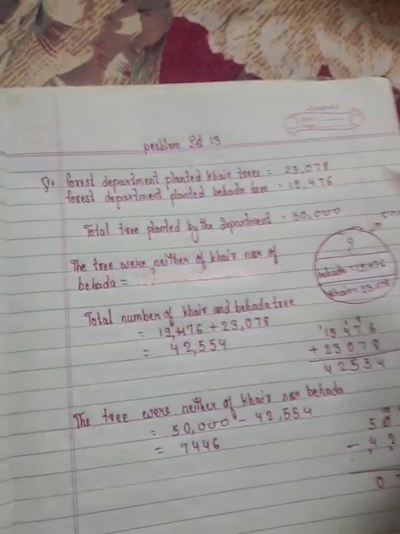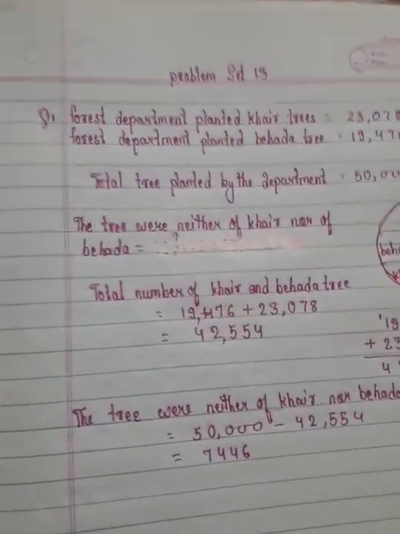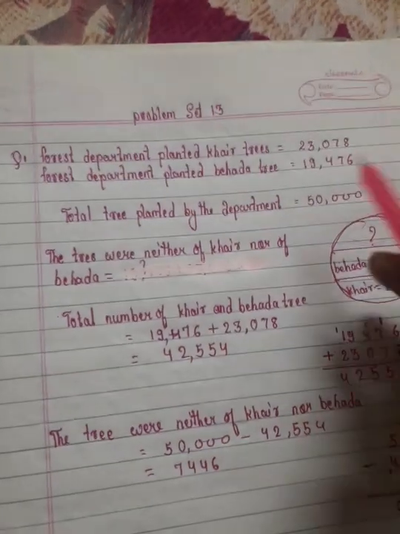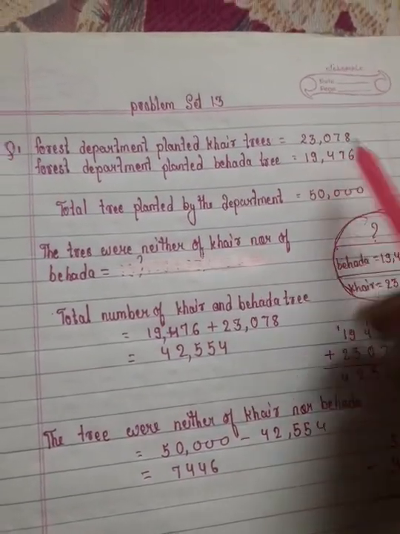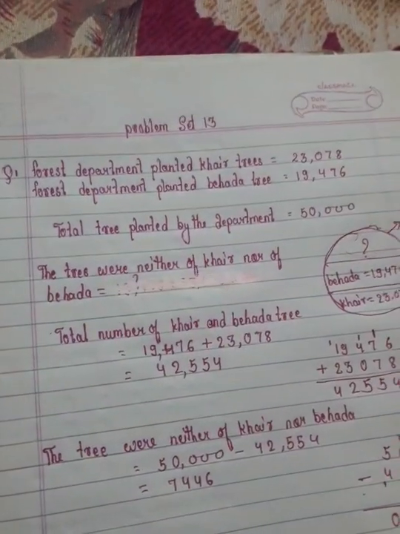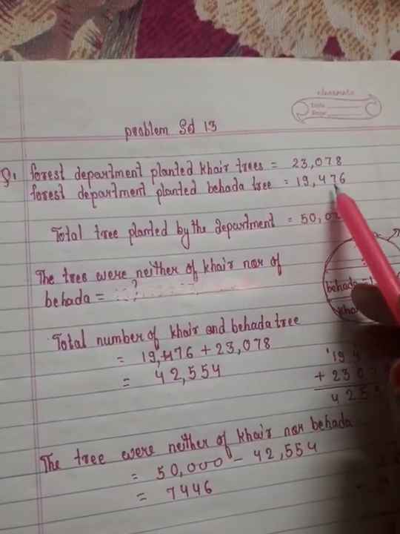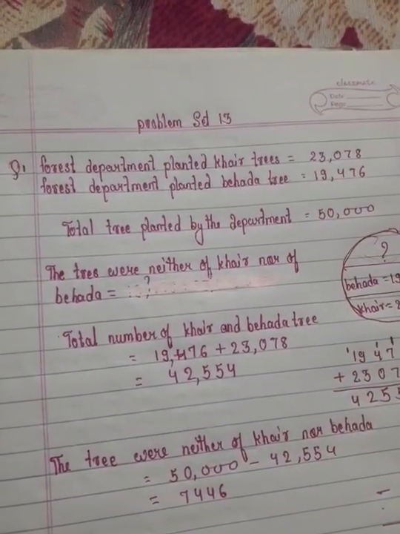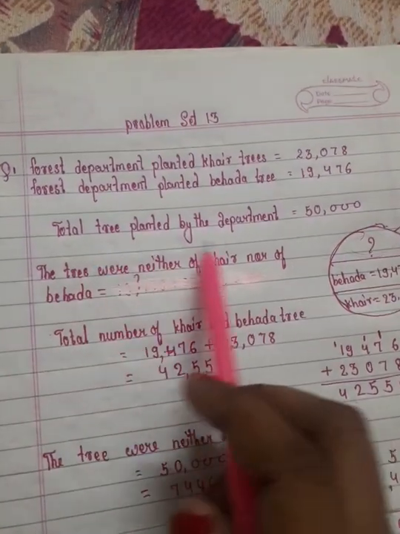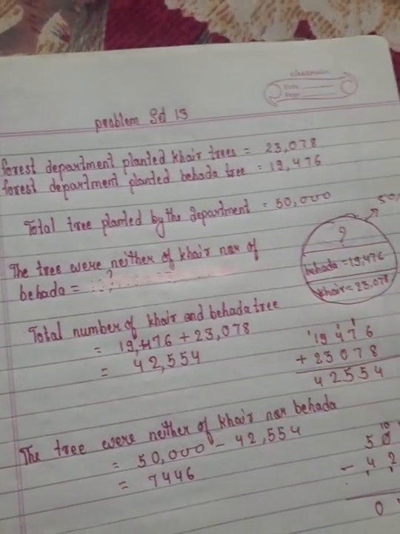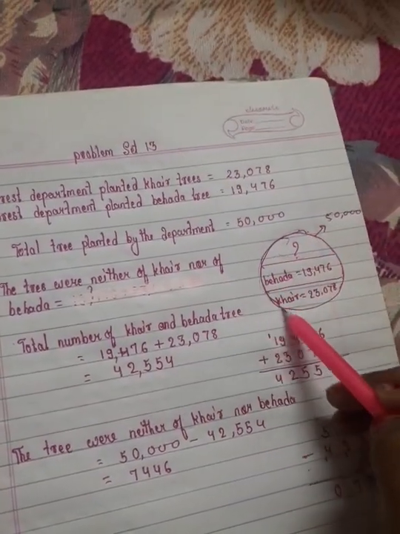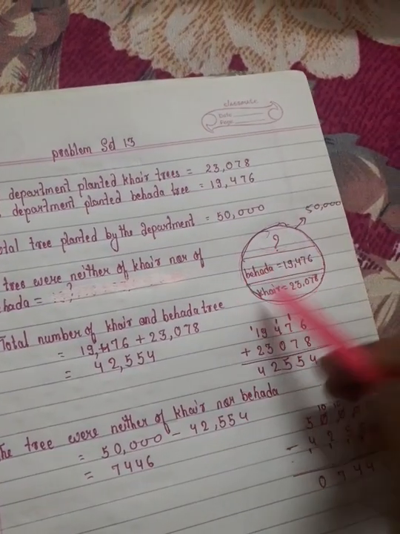First of all, we will see the question. The forest department planted Kher trees: 23,078. The forest department planted Bihara trees: 19,476. The total number of trees they have planted is 50,000. Like that only, this is the area where they have planted the trees.